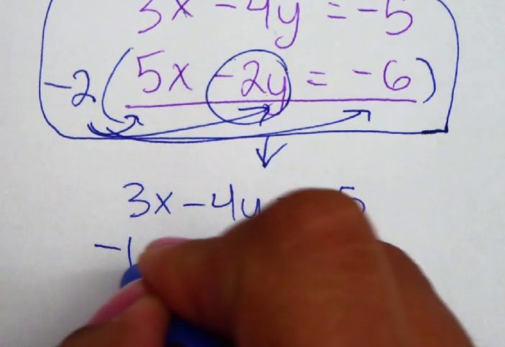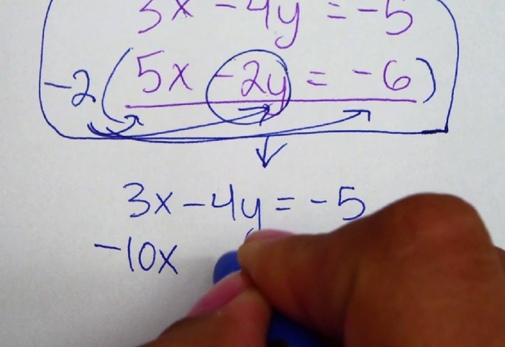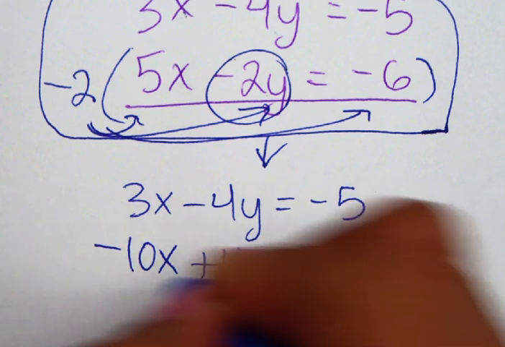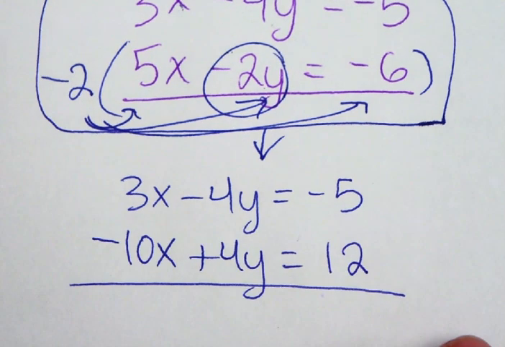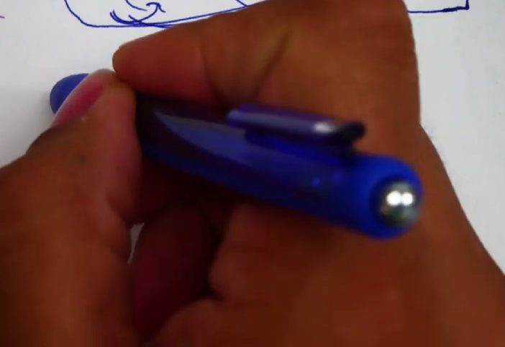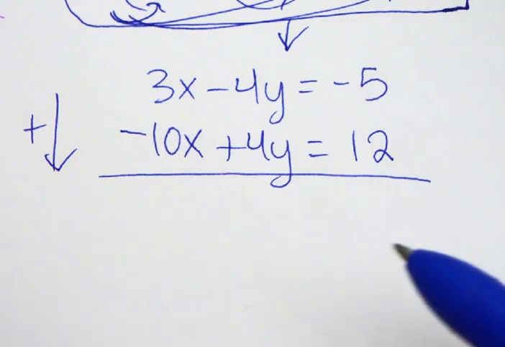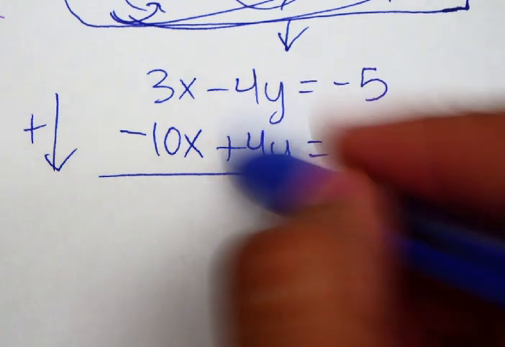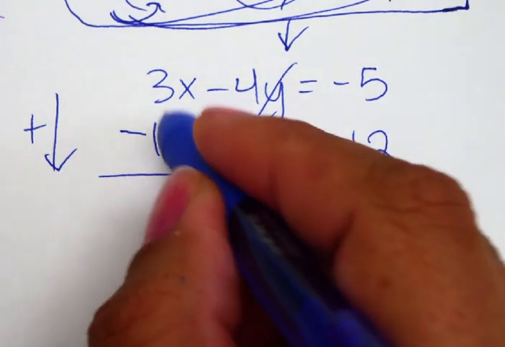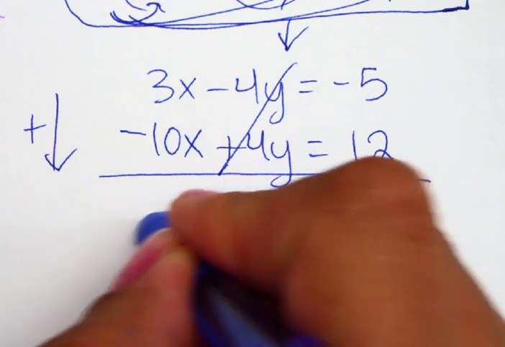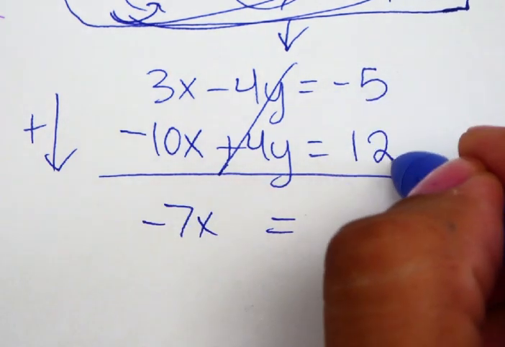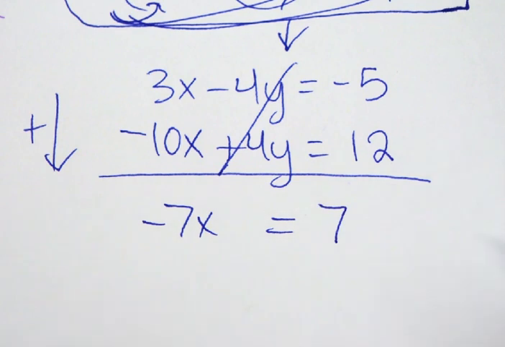So we're going to have -10x plus 4y equals 12. So now we have created a system of equations where we can add downwards, and that eliminates the y's in the middle. Positive 4, -4 cancel. And we have 3 plus -10, that gives you -7x. -5 plus 12, that gives you positive 7.